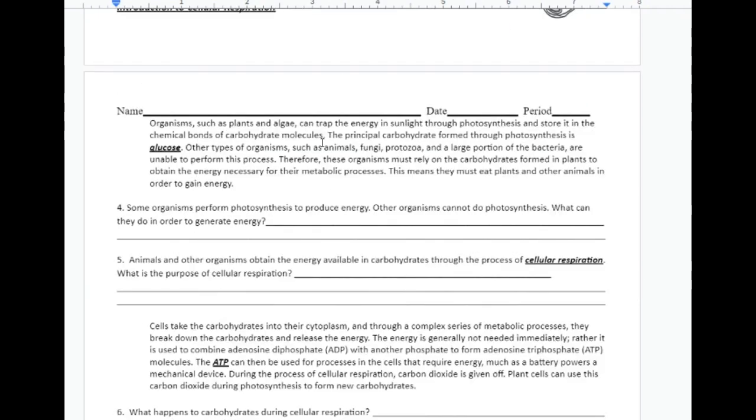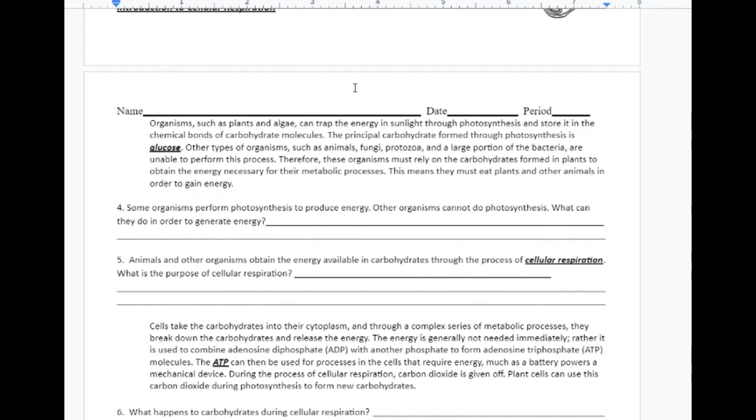All right. Introduction to this. Now, most of the answers should be in here. Organisms such as plants and algae can trap the energy of sunlight through photosynthesis and store it in the chemical bonds of carbohydrate molecules, glucose. The principal carbohydrate formed through this process is called glucose. Other types of organisms, such as animals, fungi, protozoa, and large portions of the bacteria are not able to perform the process.